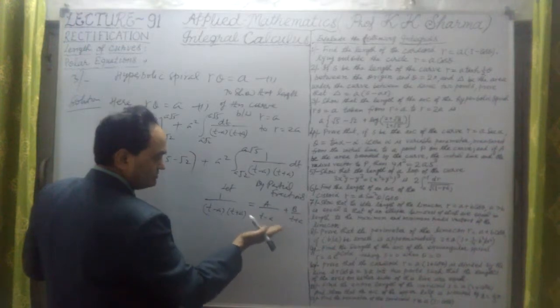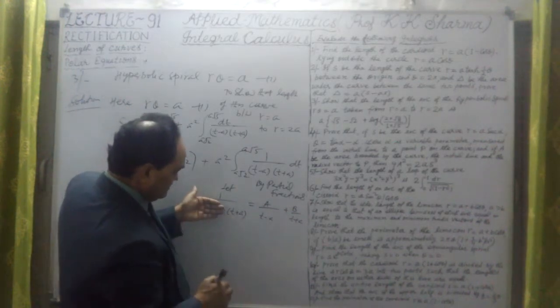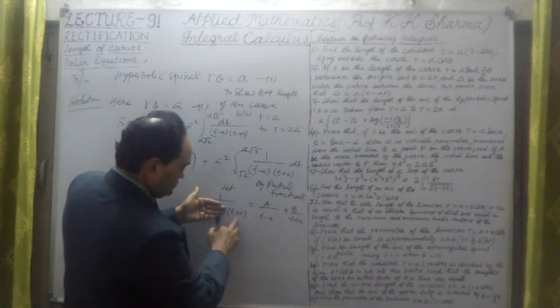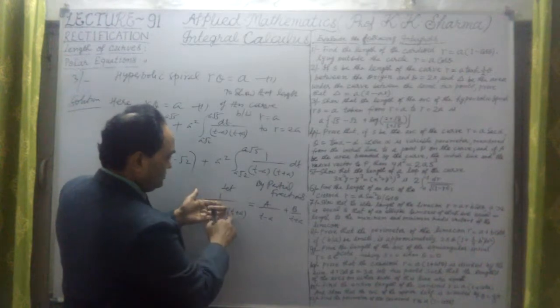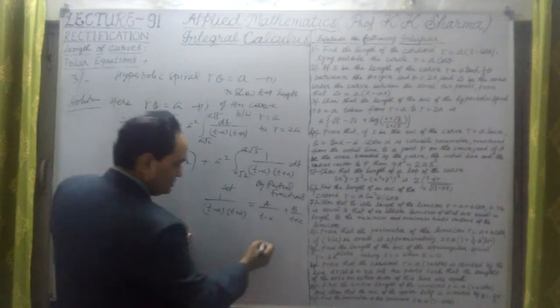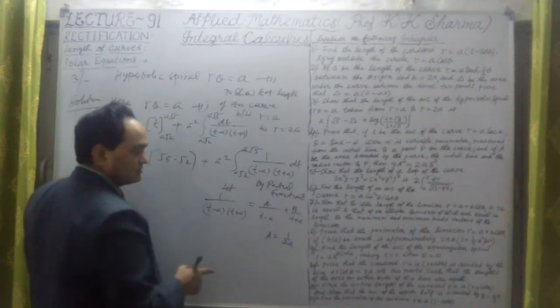So in t plus a we put t equal to a. This is 1 upon a plus a, that means 1 upon 2a. So A is equal to 1 upon 2a. This is the direct method.